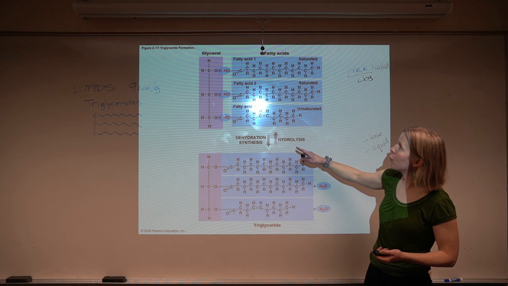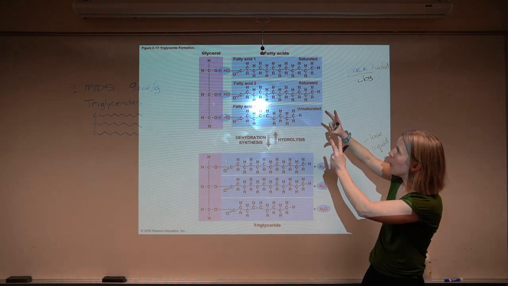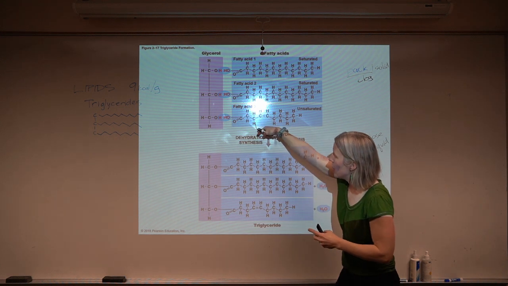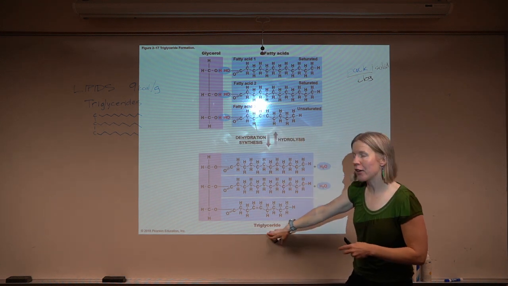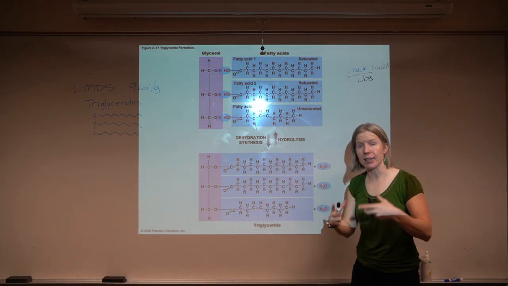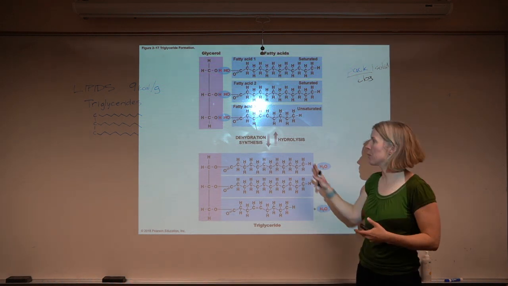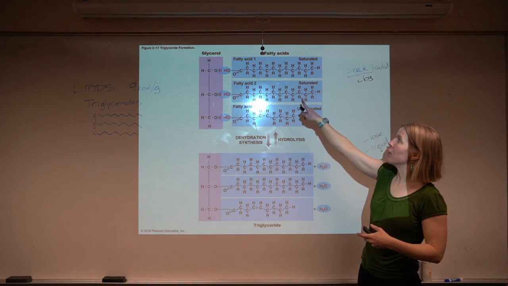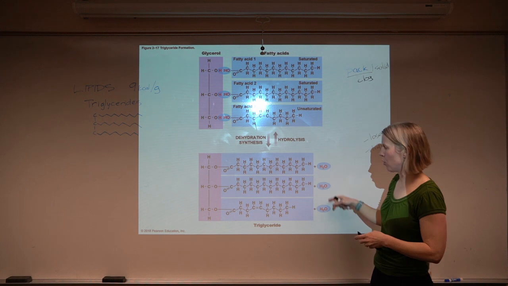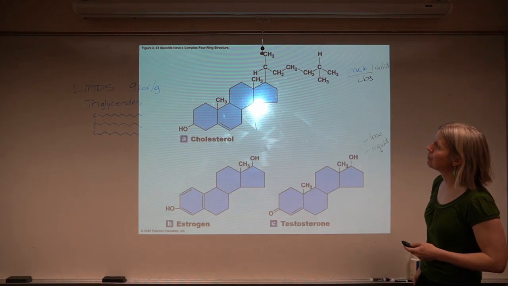So they're trying to show you here that you can form triglycerides out of fatty acids by pulling water molecules out, by doing a dehydration synthesis. That is anabolic. It's building something much more complex than these individual parts. But to break it apart, you can put water back in. You can run a hydrolysis reaction.